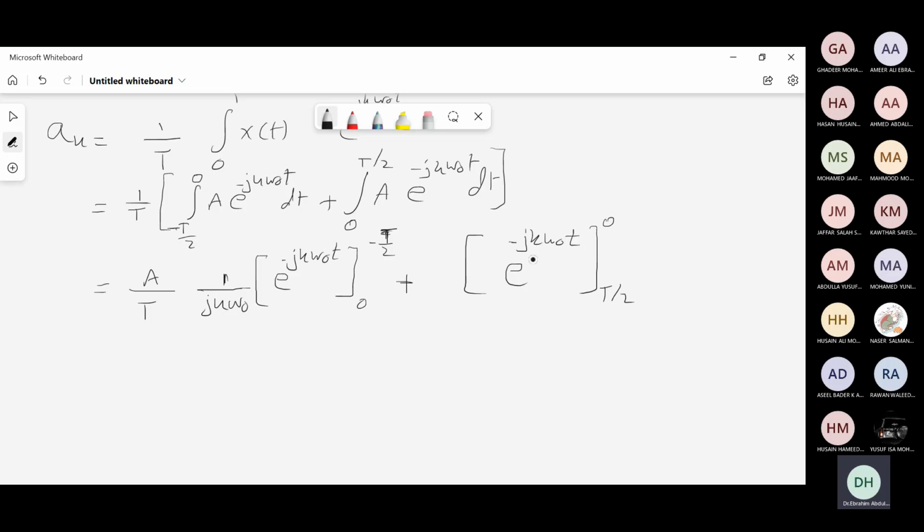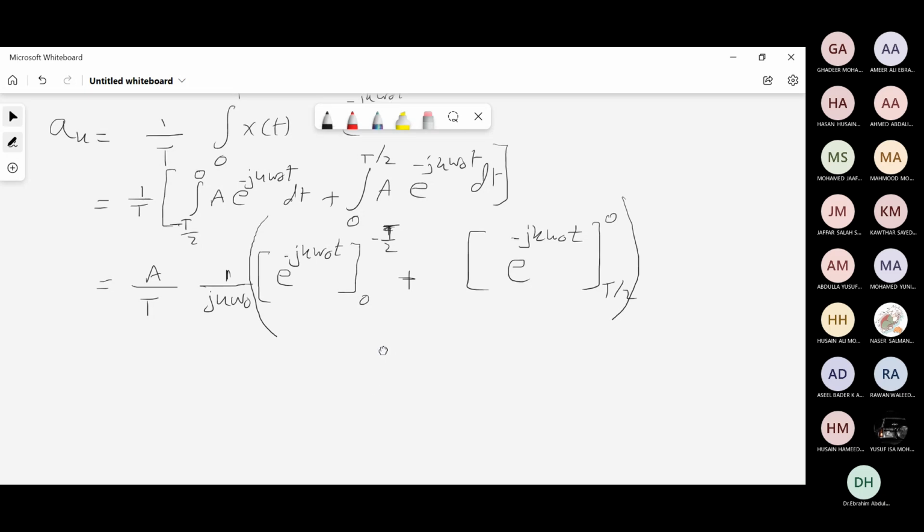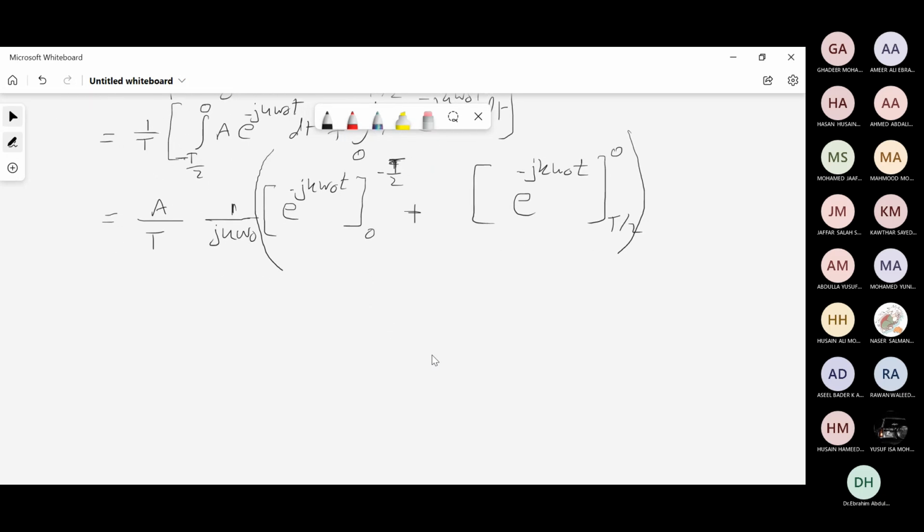And here again divided by jk omega naught. So we can take jk omega naught common for both.